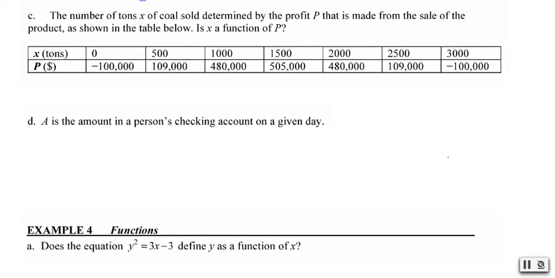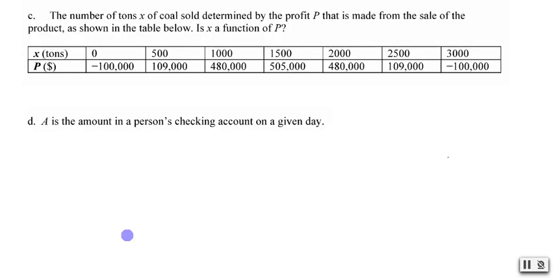All right, the number of tons of coal sold determined by the profit P that's made from the sale of a product is shown in the table below. Okay, so is this going to be a function?